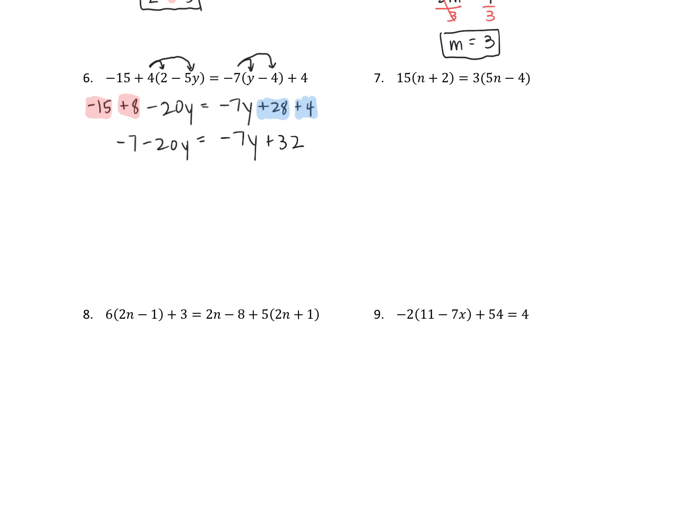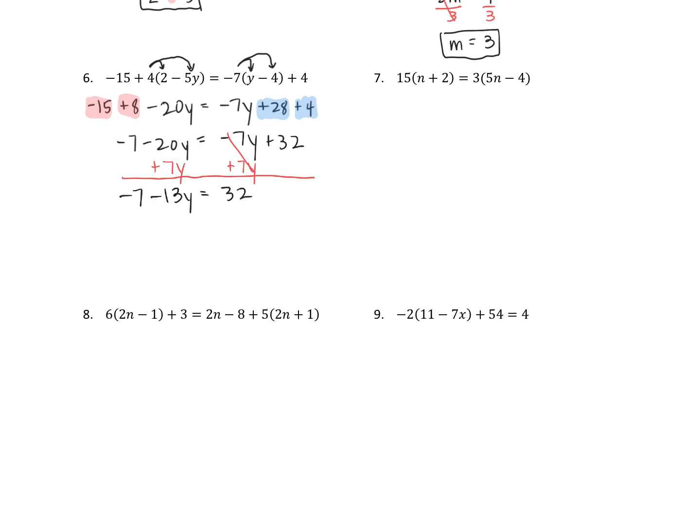So now we want to move our y's to one side, so I'm going to move them to the left. So since I have a negative 7y and I want to zero that out, I'm going to add 7y to both sides. So that will give me a negative 7. Negative 20 plus 7 will give me negative 13y, and bring down the 32.